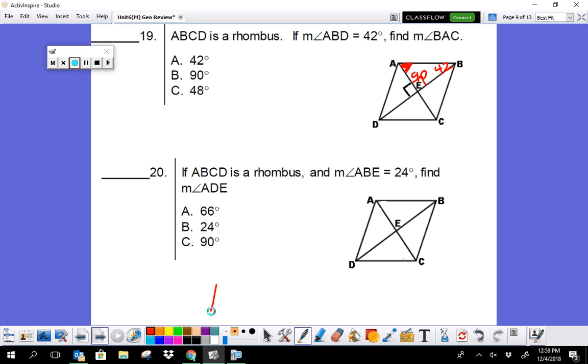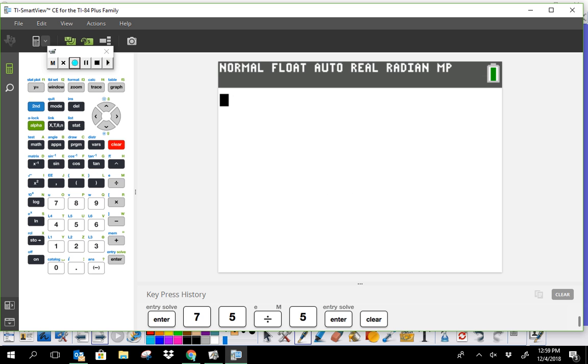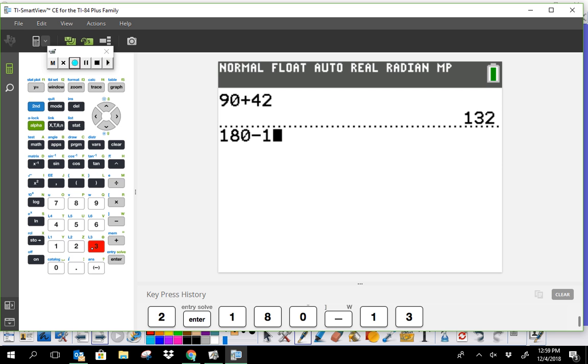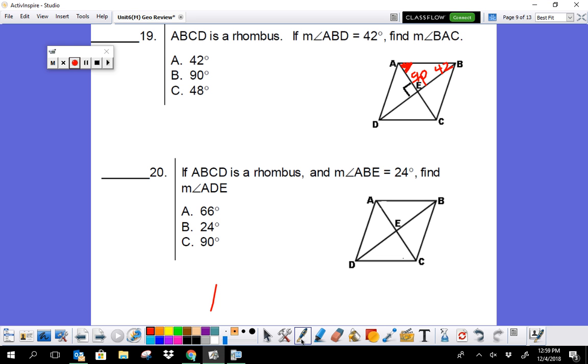So I'm going to add 90 plus 42. And then if I subtract that from 180, that'll get me that missing angle, which is 48. And it was asking for BAC, so yeah, there it is, 48.